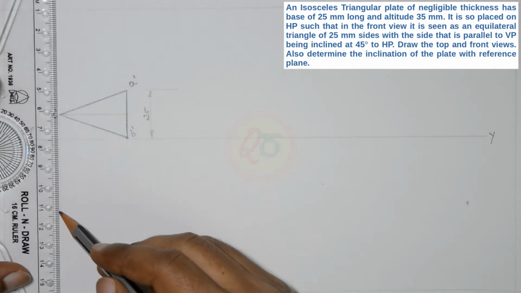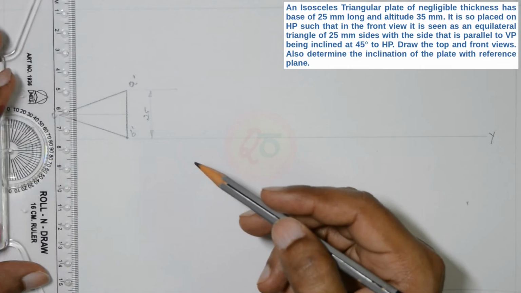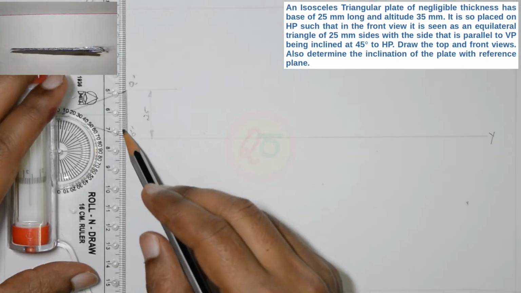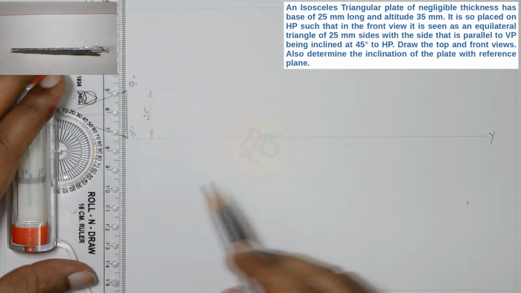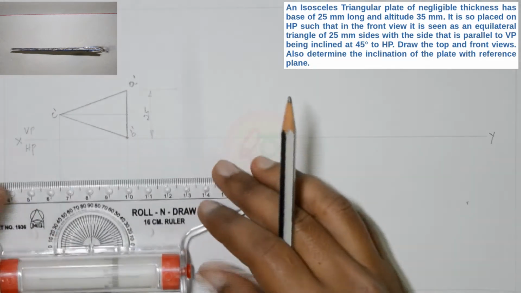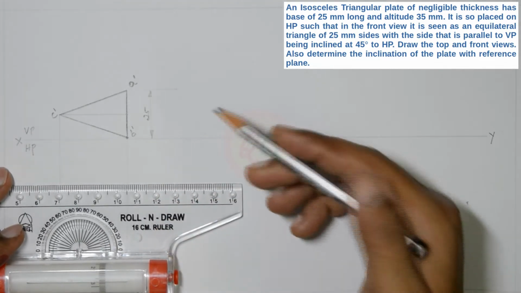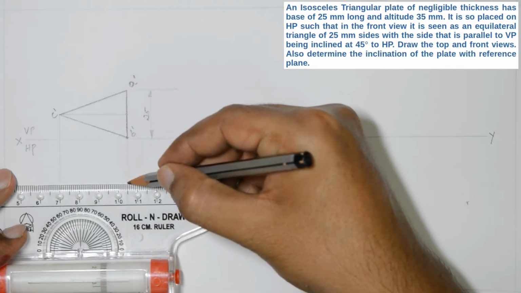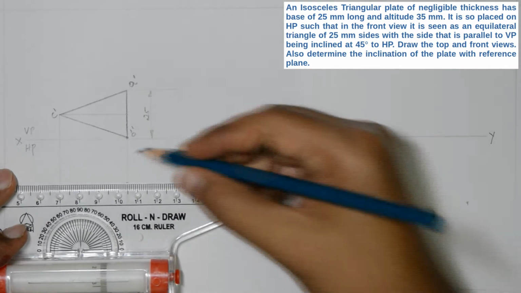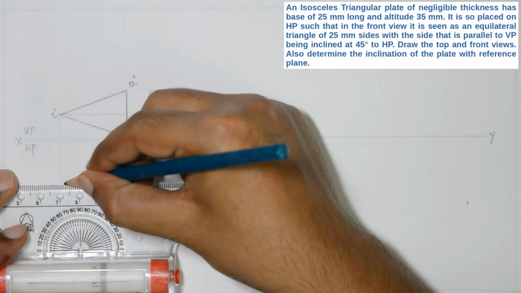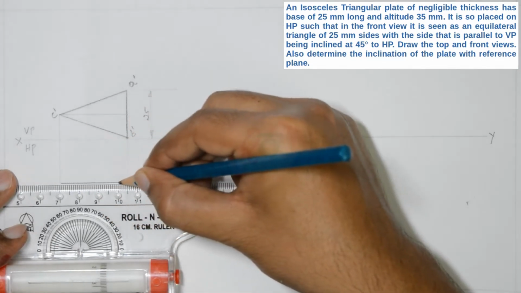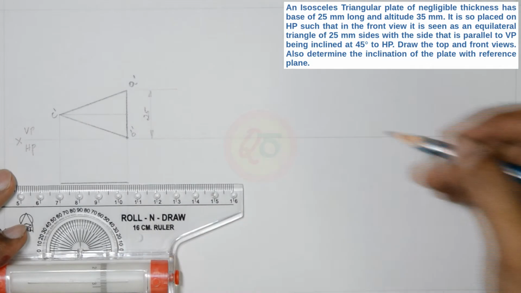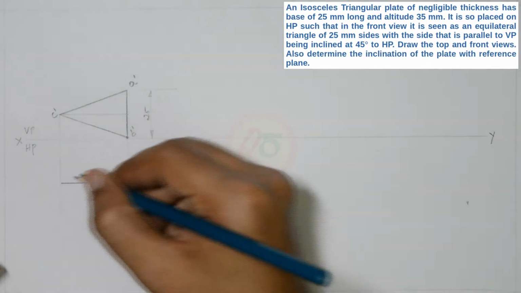With a 2H pencil, very lightly draw the line a considerable distance away from the XY line. With a 2B pencil, draw the projection. Since it is lying on HP, if we draw it on the XY line, then it becomes lying on VP as well. So we don't want that.